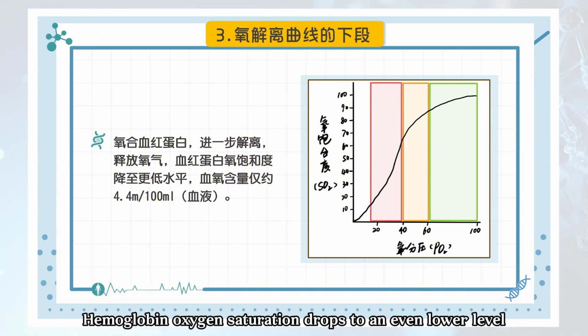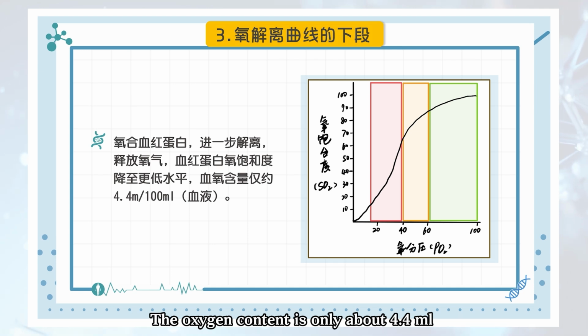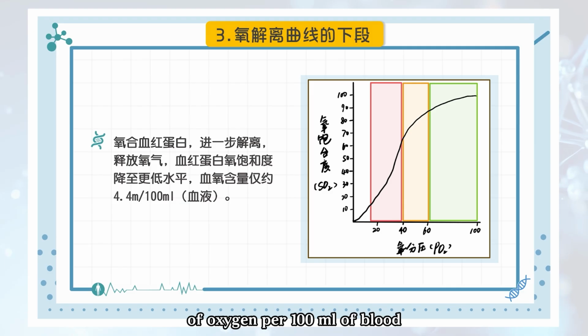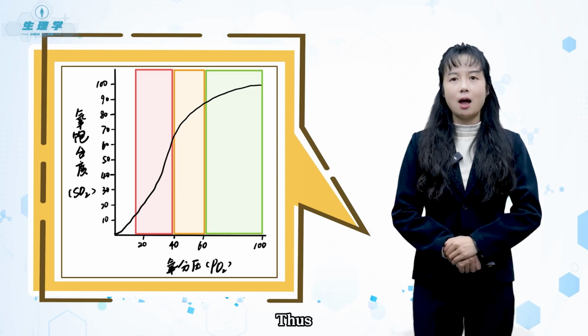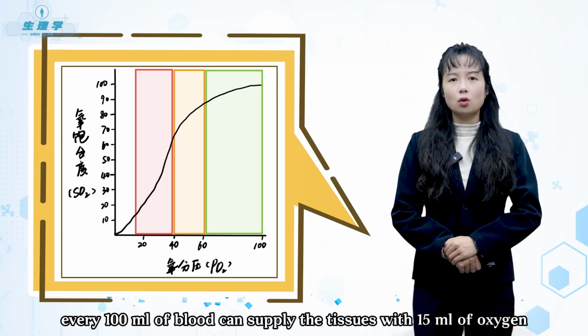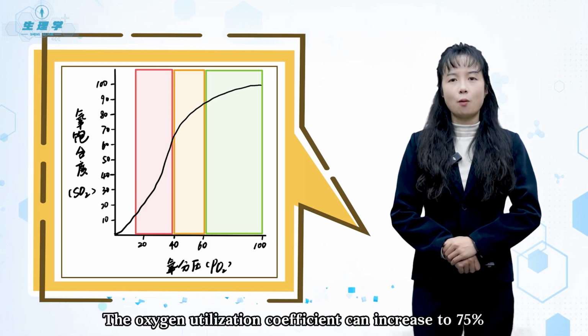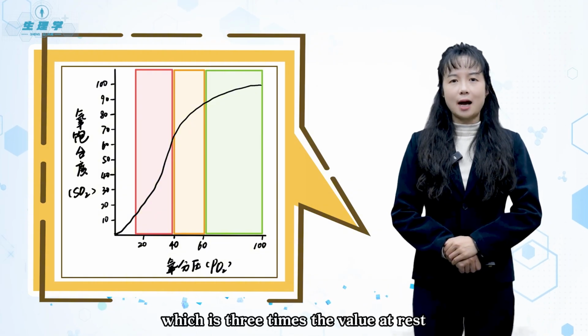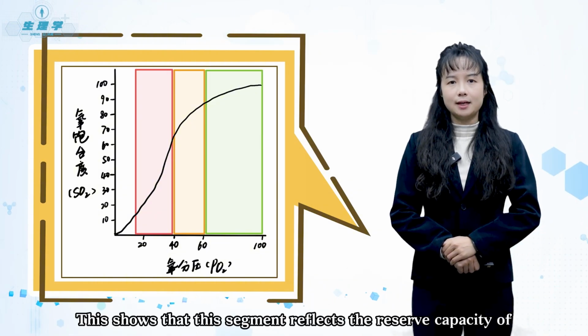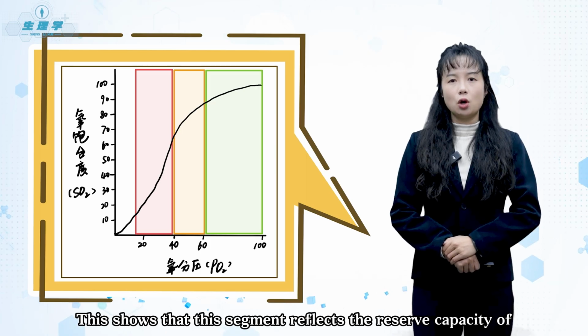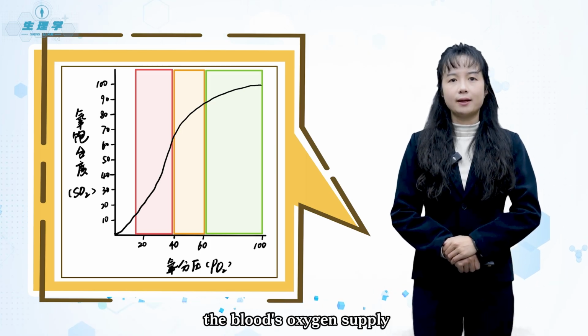Hemoglobin oxygen saturation drops to an even lower level. The oxygen content is only about 4.4 milliliters of oxygen per 100 milliliters of blood. Thus, every 100 milliliters of blood can supply the tissues with 15 milliliters of oxygen. The oxygen utilization coefficient can increase to 75%, which is 3 times the value at rest. This shows that this segment reflects the reserve capacity of the blood's oxygen supply.